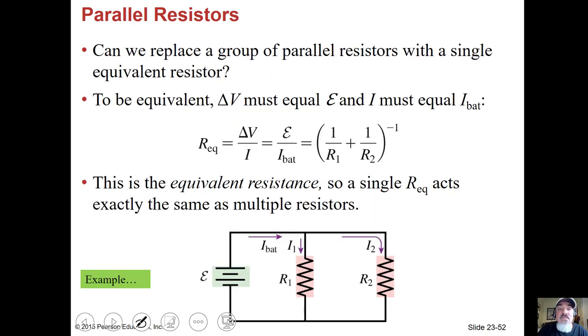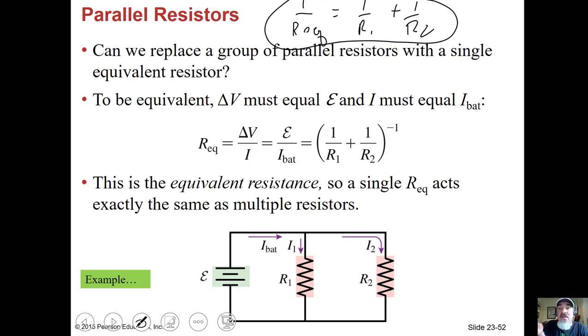Okay, so with a parallel circuit, you can get an equivalent resistance, just like we did with series. It's 1 over R1 plus 1 over R2. That's what the equivalent resistance is in parallel. I usually write it like this. 1 over the equivalent resistance is 1 over R1 plus 1 over R2.